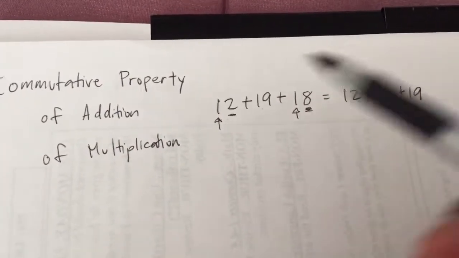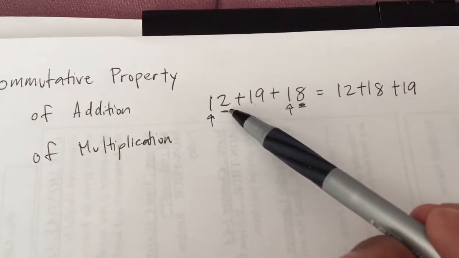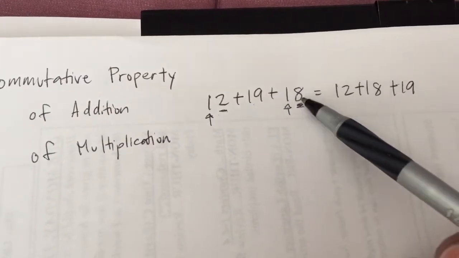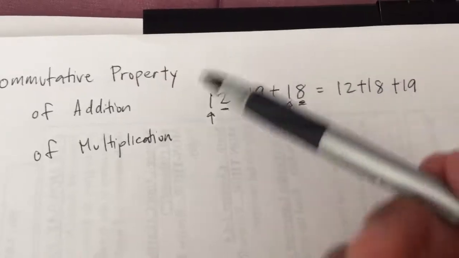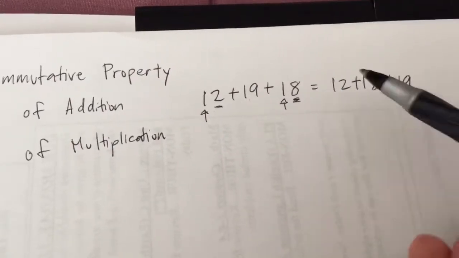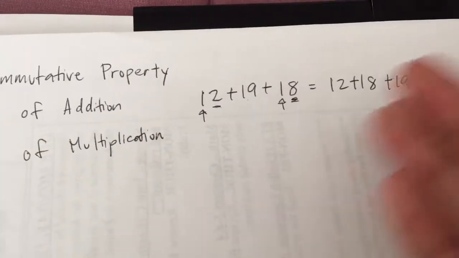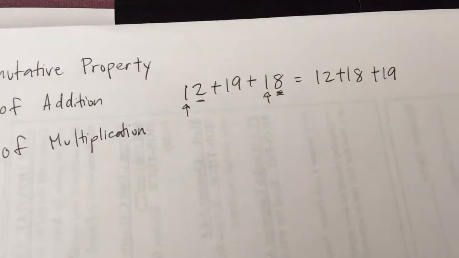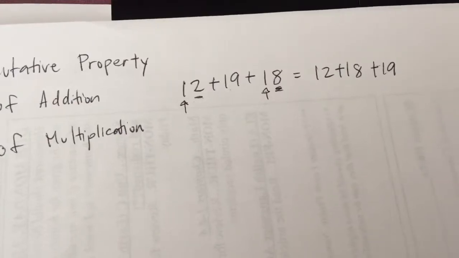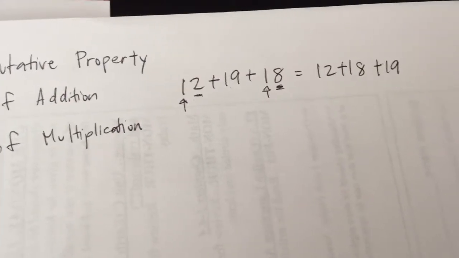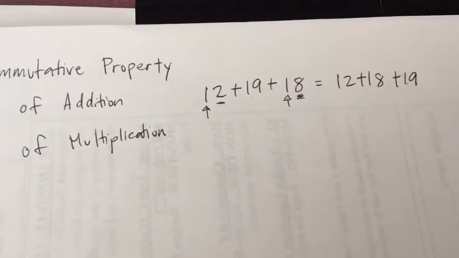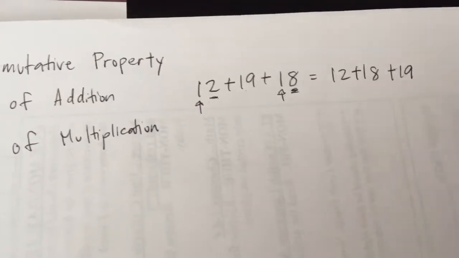The reason being is, you could have 12 dogs, 19 cats, and 18 hamsters, and you want to find the total amount of animals, but you could switch the animals. It doesn't matter if I count the cats or the dogs or the hamsters first, or whatever. I already forgot what animals I used as an example. But there's not a specific way that you have to count them. You'll still get the same sum.